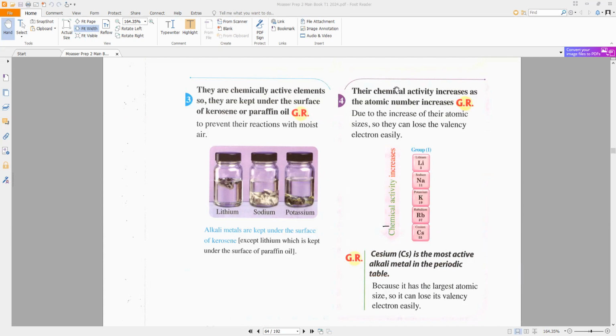So why does the chemical activity increase as we move down? Because as we move down, the atomic number increases, so the atomic size increases. When the atomic size increases, what happens to the electron when the distance between the nucleus and the outermost electron grows?